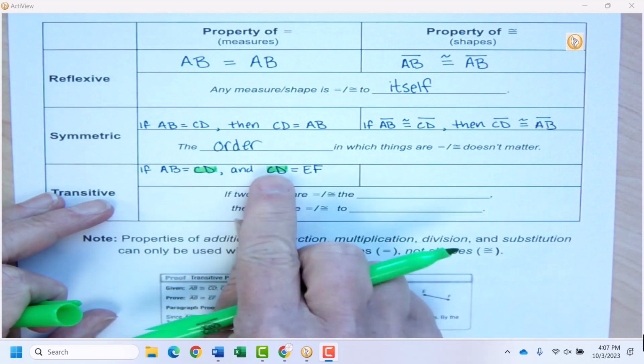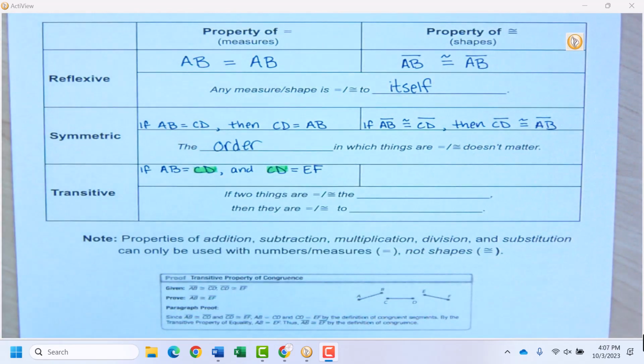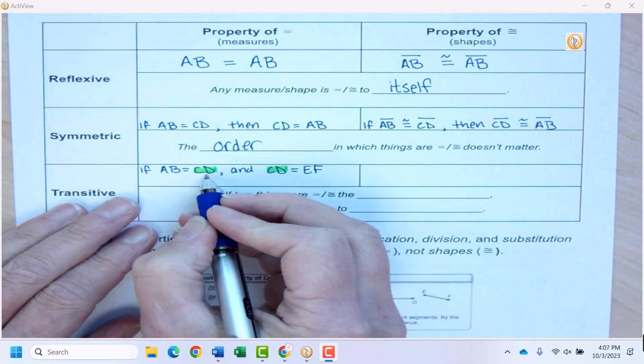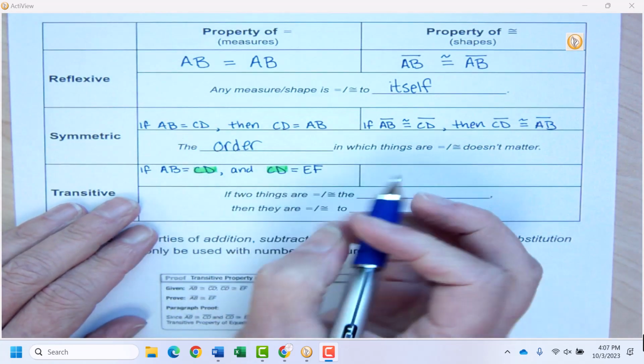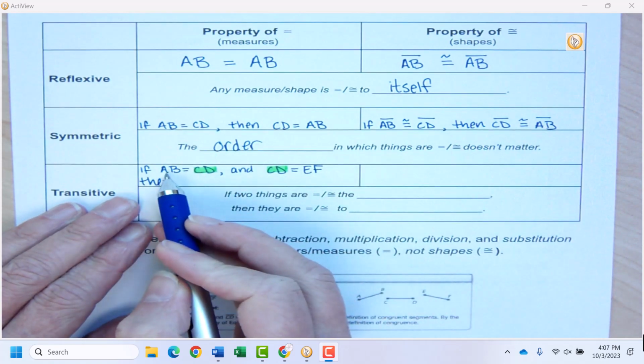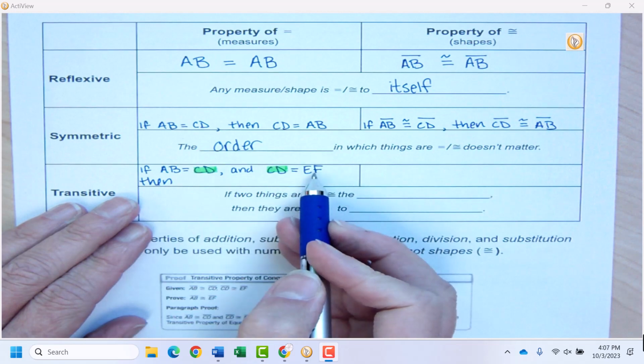Both of them are equal to the same value, CD, whatever that measure is. So if AB is equal to CD, and the measure of CD is equal to the measure of EF, then I can say that the measure of AB is equal to the measure of EF.